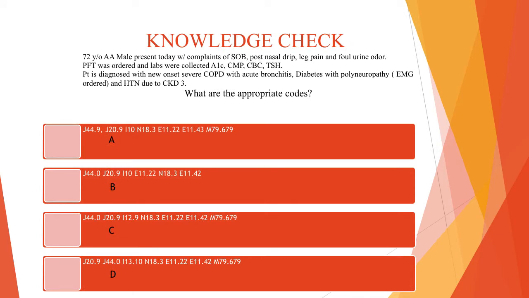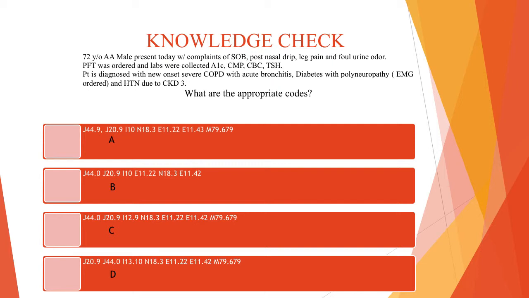Knowledge check. There is a 72-year-old African American male present today with complaints of shortness of breath, postnasal drip, leg pain, and foul urine odor. PFT was ordered and labs were collected: A1C, CMP, CBC, and a TSH.